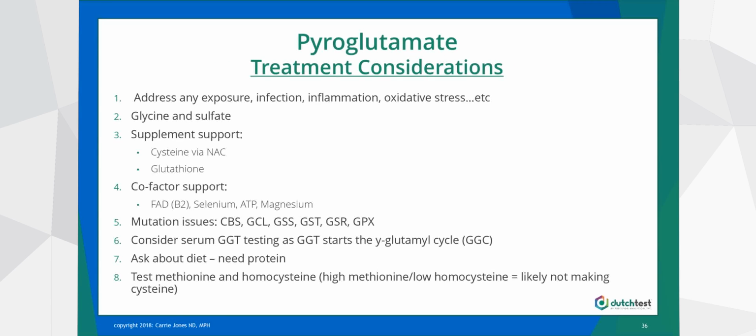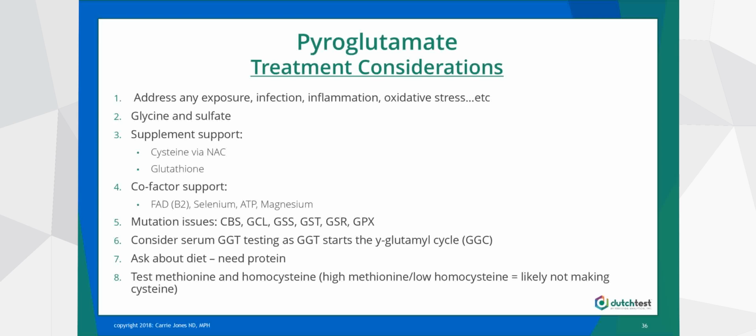So how do you treat it? Well, obviously, first things first, address the cause. If you know they've had exposure, if you know that they have infection, you're working on their Lyme, you're working on their Epstein-Barr, you're working on their gut infection, you're reducing those things to reduce their inflammation, you're addressing their oxidative stress, that will help. It takes the pressure off.